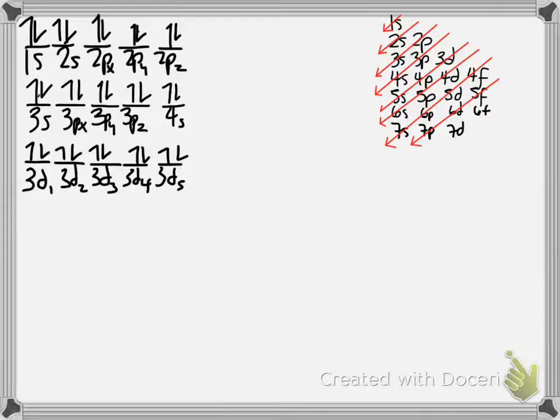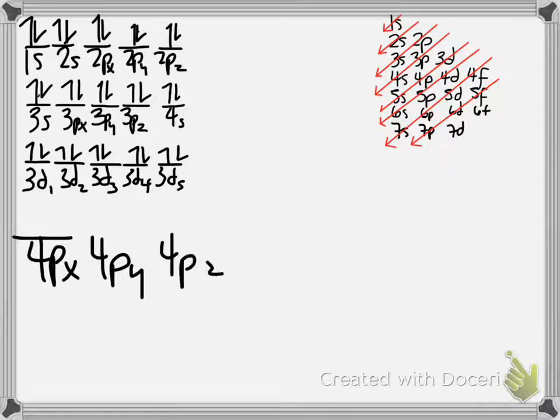What fills after 3D? 4P. There's our little 4P. So 4PX, 4PY, 4PZ. 1, 2, 3, 4, 5, 6. That's about as messy as you could make it.